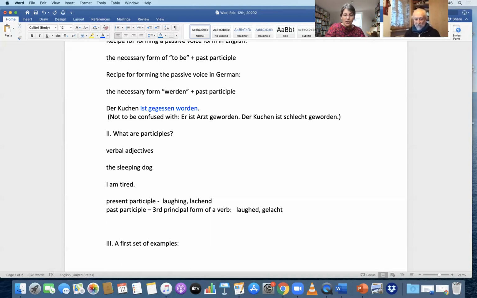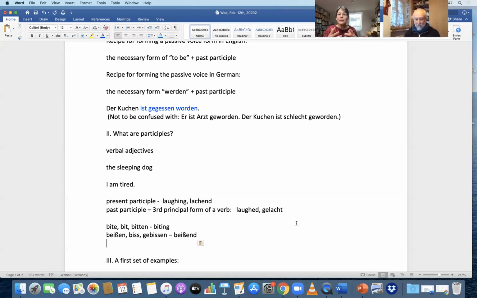Now, not all participles can fulfill all these functions. Laughed cannot always be a pre-modifier. You don't say the laughed dog, right? Or der gelachte Hund.